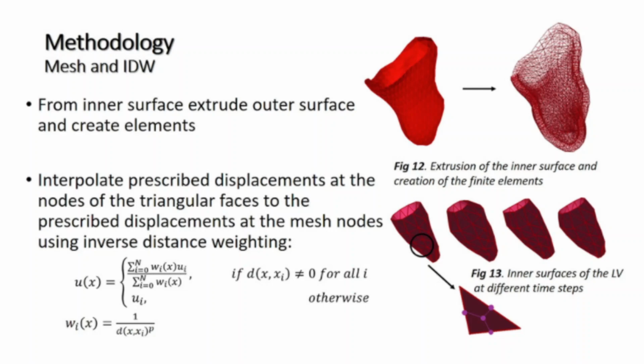Since these surfaces contain only triangular faces, we have to interpolate the displacements to the mesh nodes. For each of the triangular faces, we have 4 additional points inside of them like shown in figure 13. Here we use inverse distance weighting to interpolate prescribed displacements to the mesh nodes.